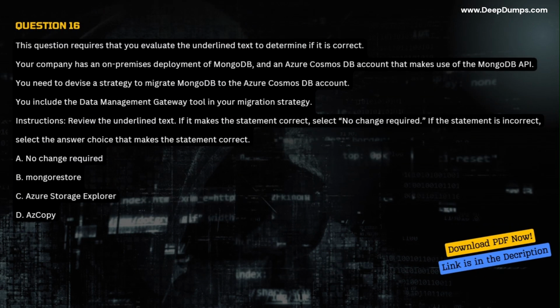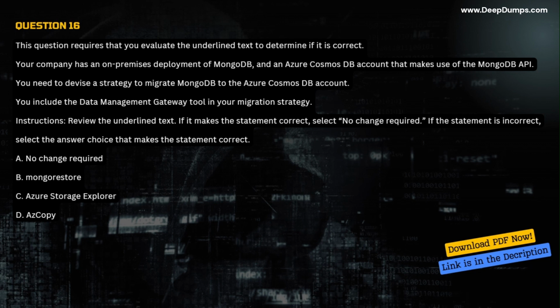Question 16. This question requires that you evaluate the underlying text to determine if it is correct. Your company has an on-premises deployment of MongoDB and an Azure Cosmos DB account that makes use of the MongoDB API. You need to devise a strategy to migrate MongoDB to the Azure Cosmos DB account. You include the Data Management Gateway tool in your migration strategy. Instructions: review the underlying text. If it makes the statement correct, select No change required.